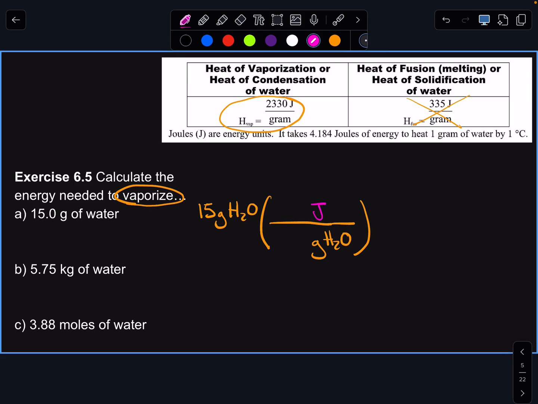The relationship is 230. Oh, black on black is not going to work. What am I thinking? 230 to 1. Plug it into my calculator. And I got something.